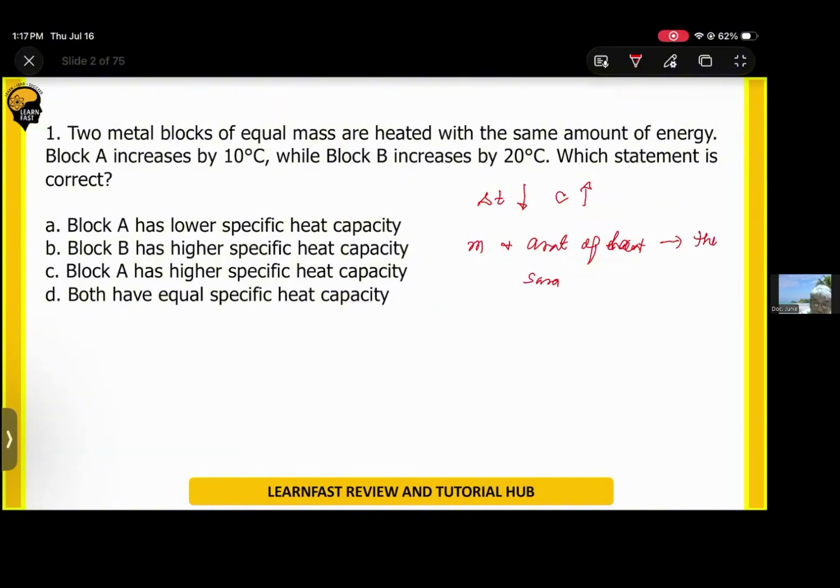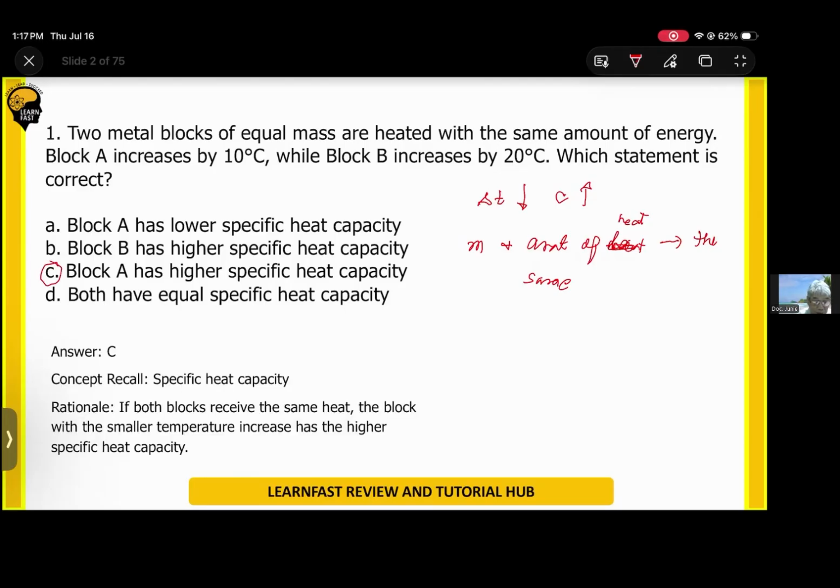Pareho yung amount ng mass at saka yung amount of heat. Kaya ang relationship would be based on delta T and specific heat. As you increase the specific heat, it is because you lower the change in temperature. So the answer is letter C.